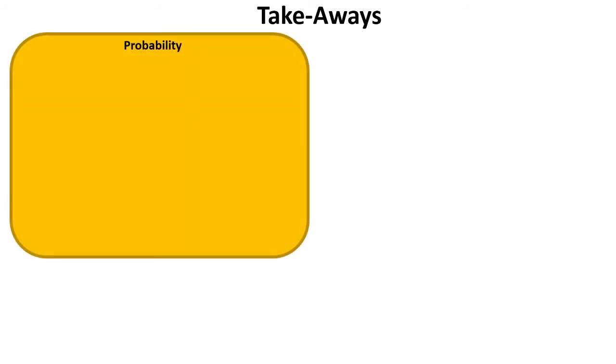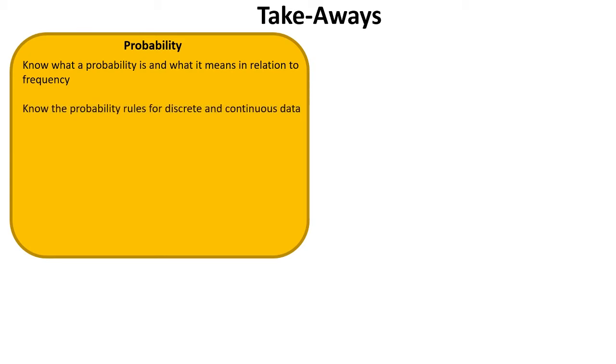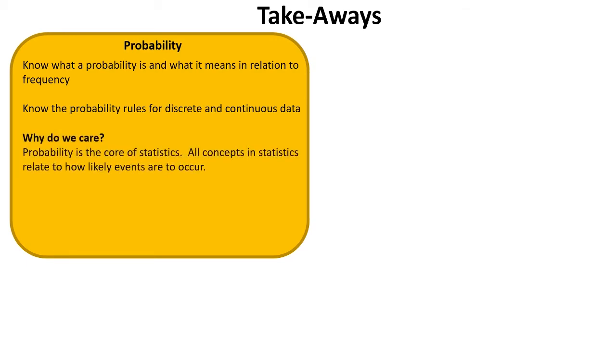All right, so what should be the takeaways from the two lectures this module? The first big one is things on probability. You want to know what probability is and its relation to frequency. You want to know what the probability rules are for both discrete and continuous data. And we care about this because it's the core of statistics.